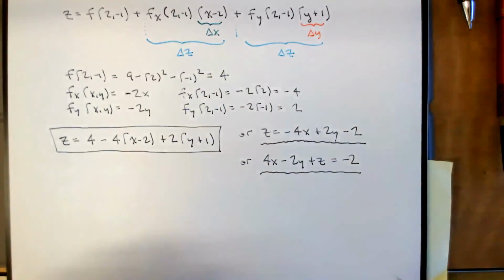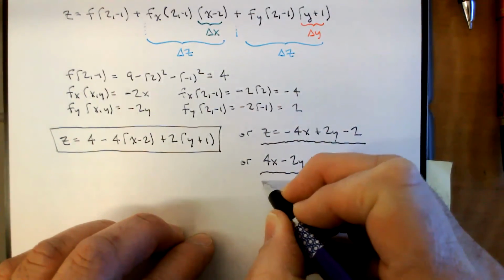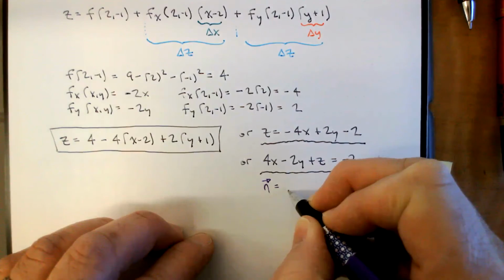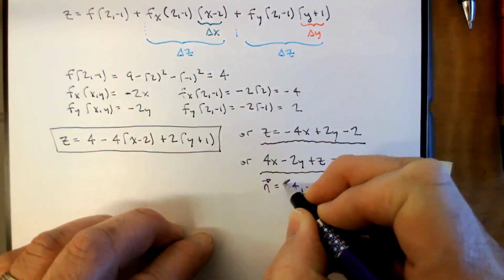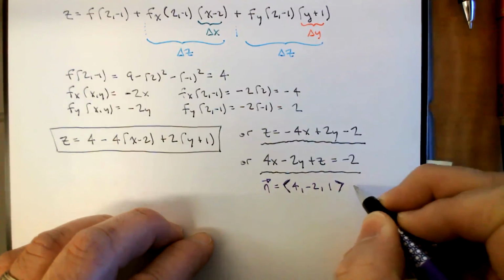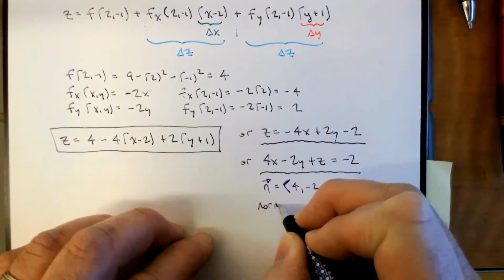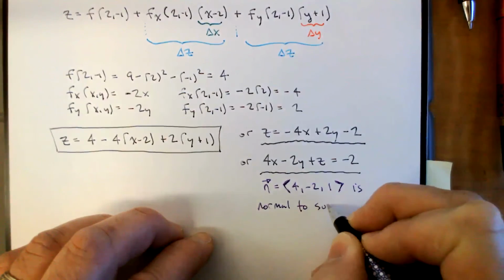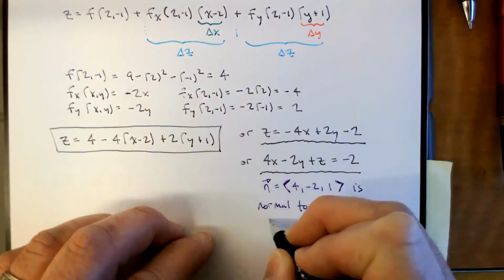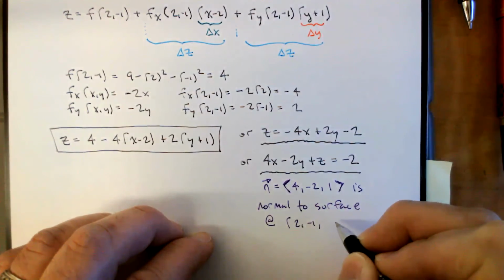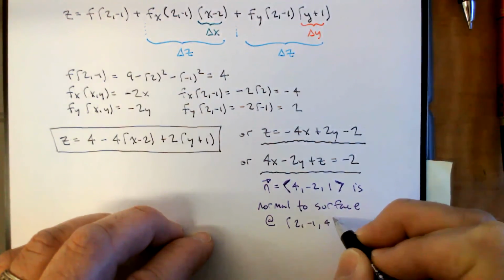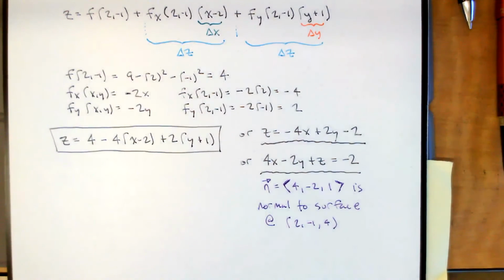So the vector (4, -2, 1) is normal to the surface at the point (2, -1, 4) on the surface.